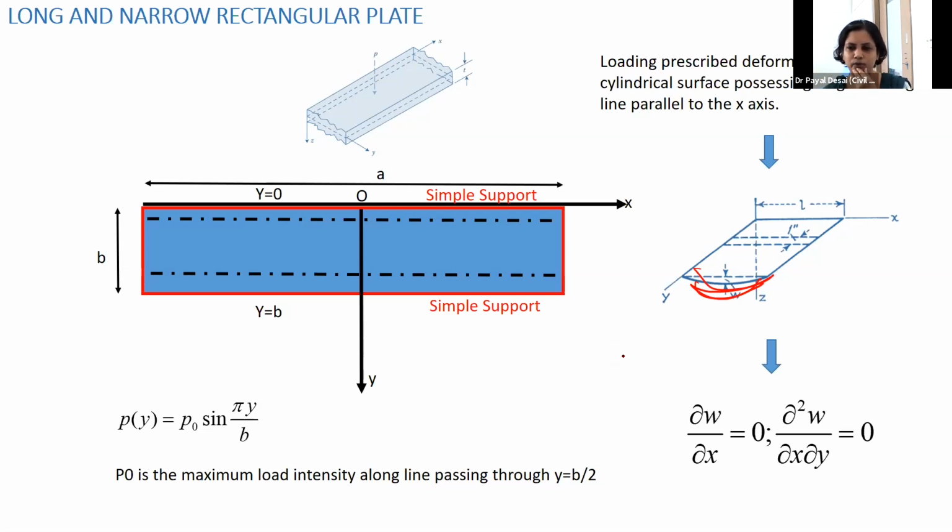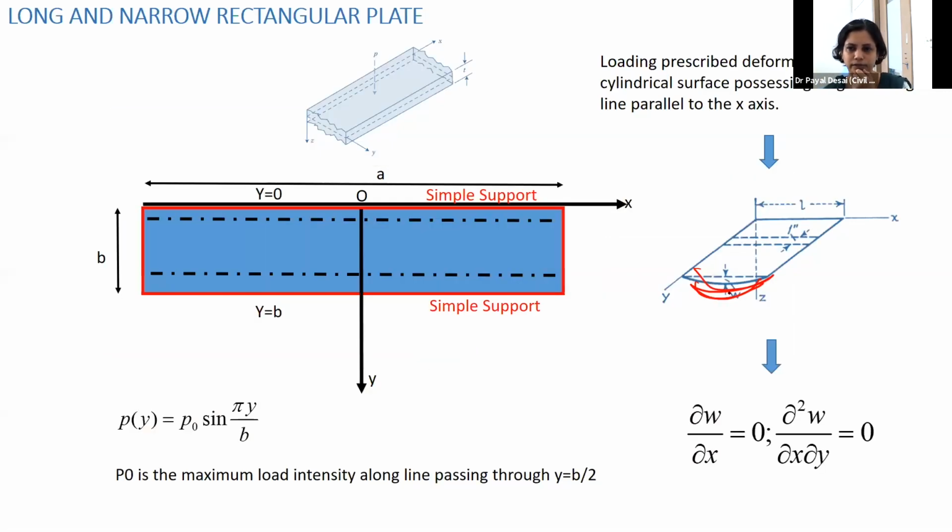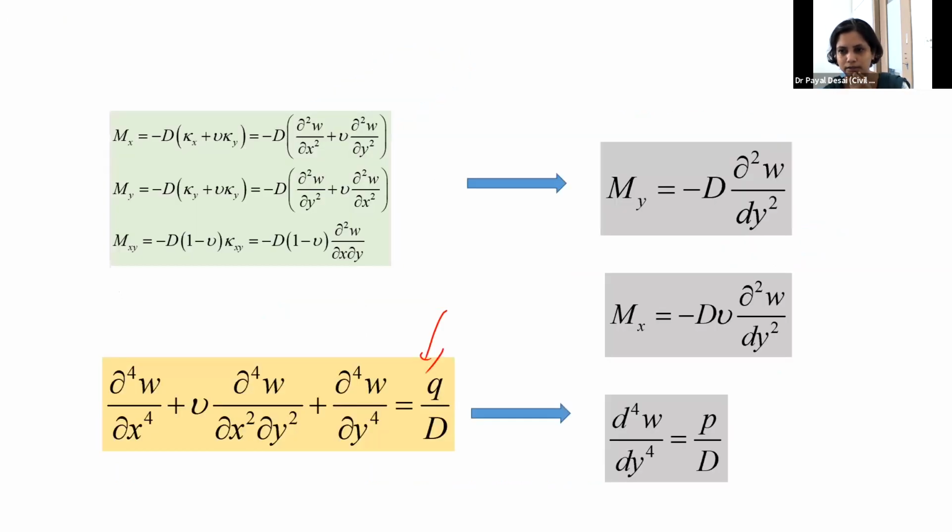So what we do is simplify our differential equation. This is one example of how we can use our biharmonic equation. We can simplify it in the y direction because it is bending like this; in the other direction, we may neglect the bending.